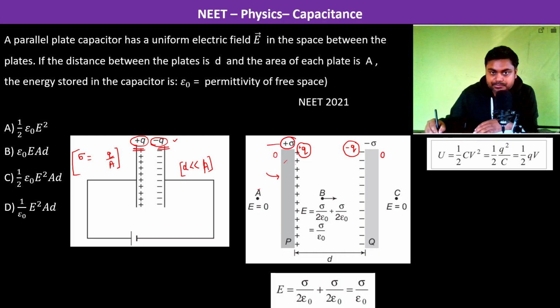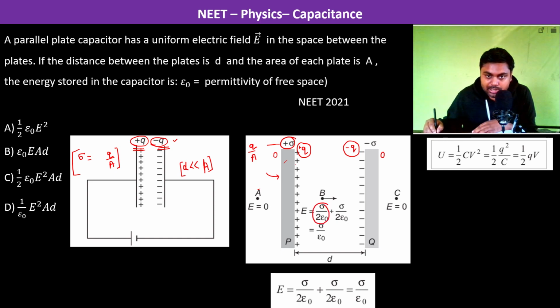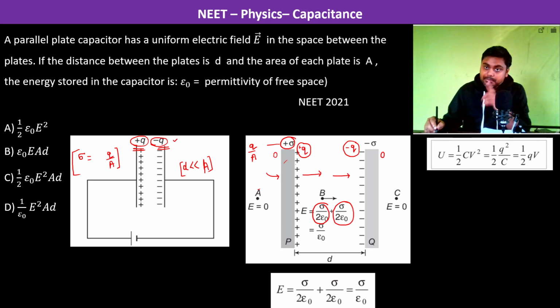Sigma is equal to Q upon A, and due to this sigma, the electric field in between the plates becomes sigma by 2 epsilon naught from the positive charge, and sigma by 2 epsilon naught from the negative sigma, and both are in the same direction, so they add up. So ultimately the electric field is sigma by epsilon naught. This has to be remembered.